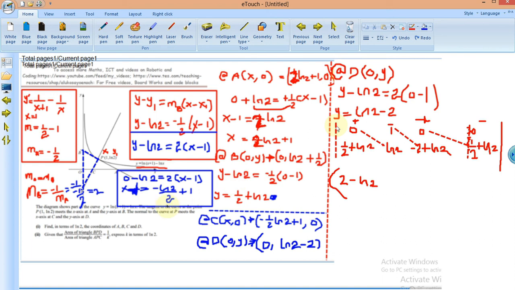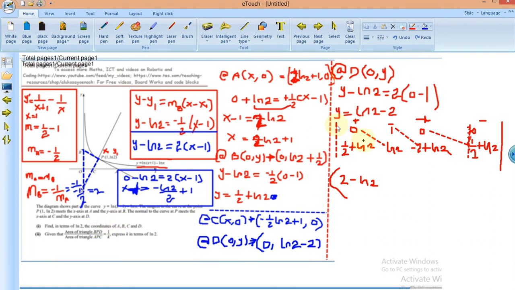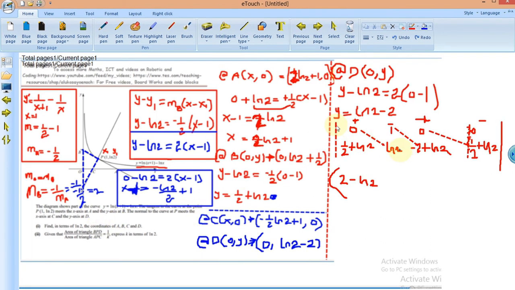Okay, and this is b here. Then we have p, that is 1, ln 2, this one here. And then we have d rather. And d is 0, minus 2. So this one will make this one to be plus, and this one will make this one to be minus. Okay, that is clear. So I have these answers here.